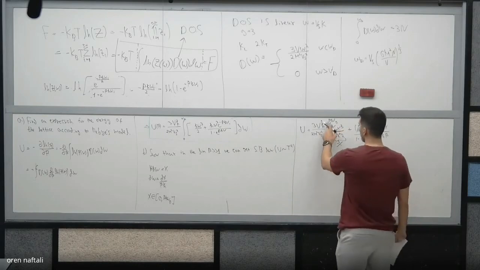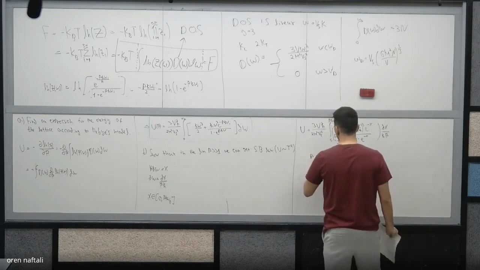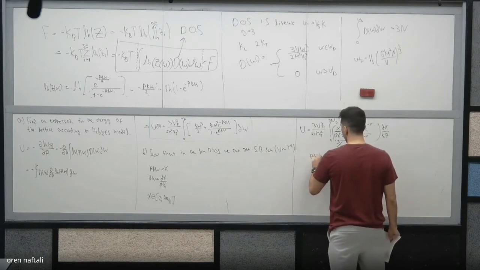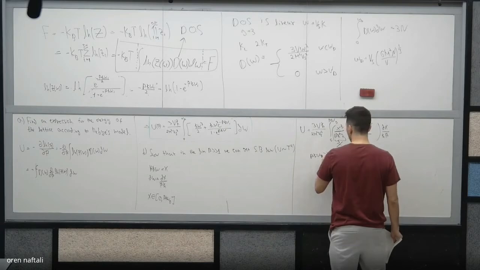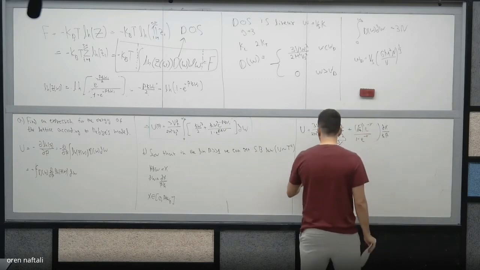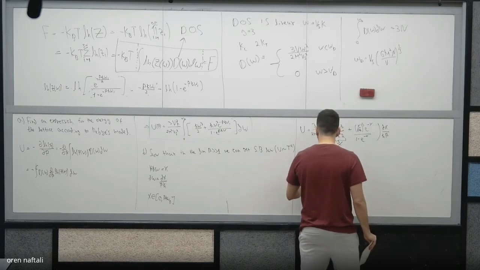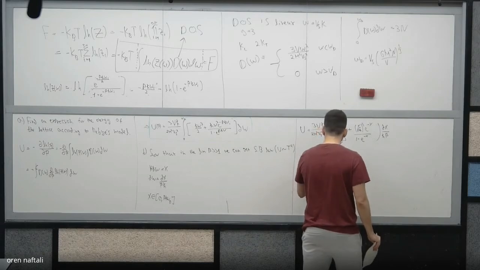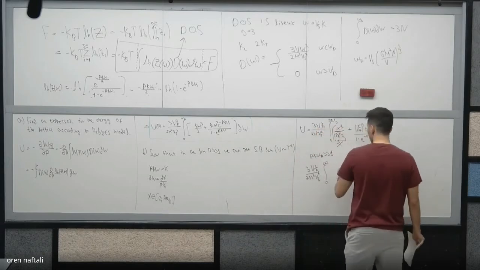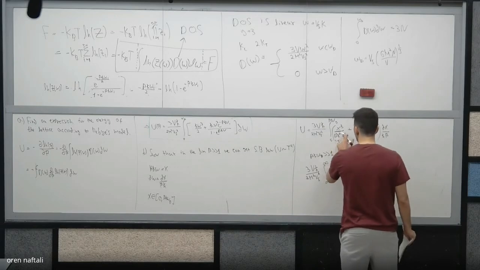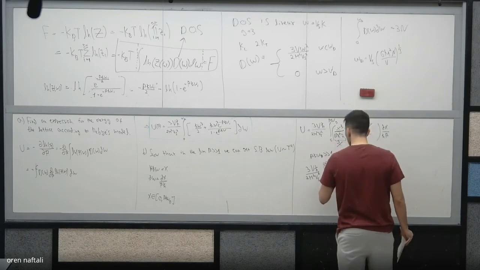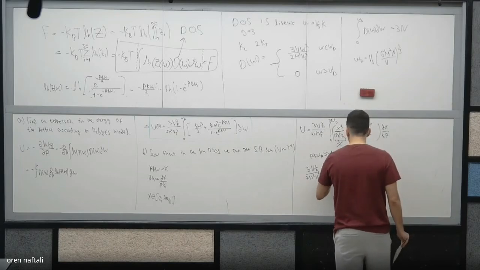I want to take this because beta is greater than 1, so I have the assumption that beta h bar omega is also greater than 1, so this integral goes to infinity. And I won't be able to take it to infinity if this does not go to 0, because then it will diverge.